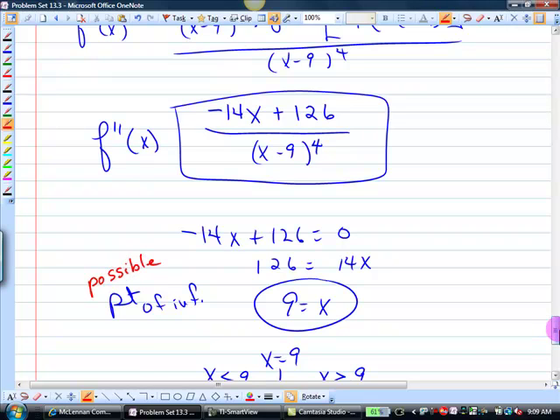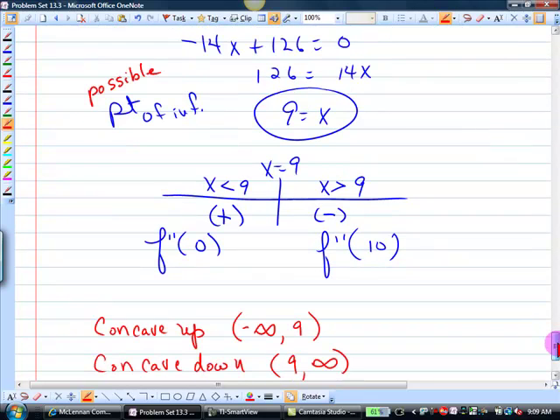And we draw our little chart. Less than 9, greater than 9. Test 0, test 10. And you get a plus and a minus, you should. And you'll find where it's concave up is negative infinity to 9, and concave down from 9 to infinity.